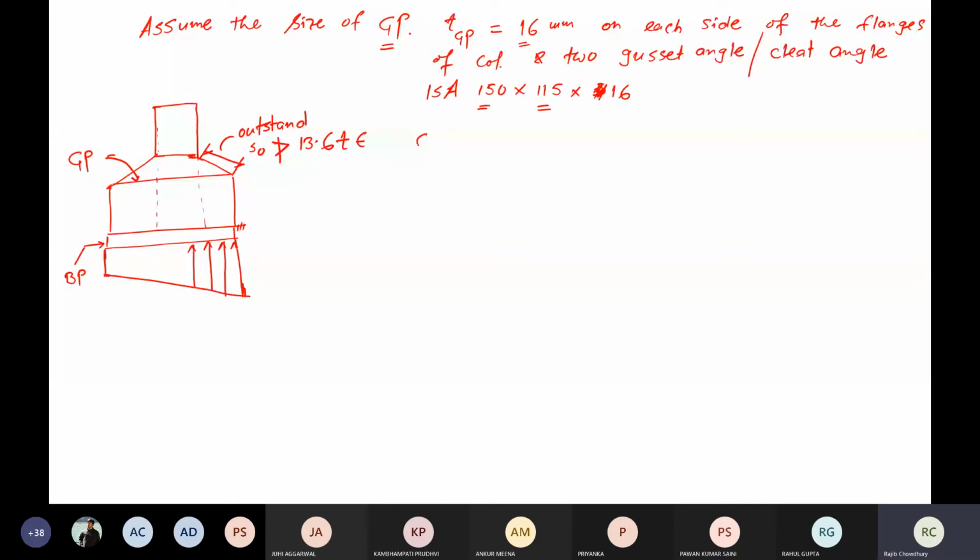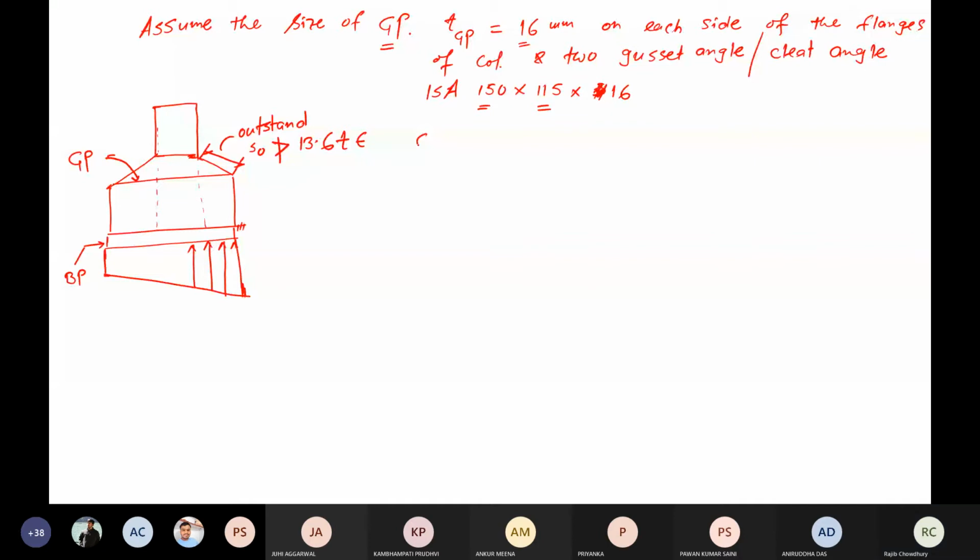Total depth is like this way. So now what would happen? This pressure on the outstand, let me write it down, this pressure causes shear and bending in the gusset, or whatever the pressure is acting on the outstand.